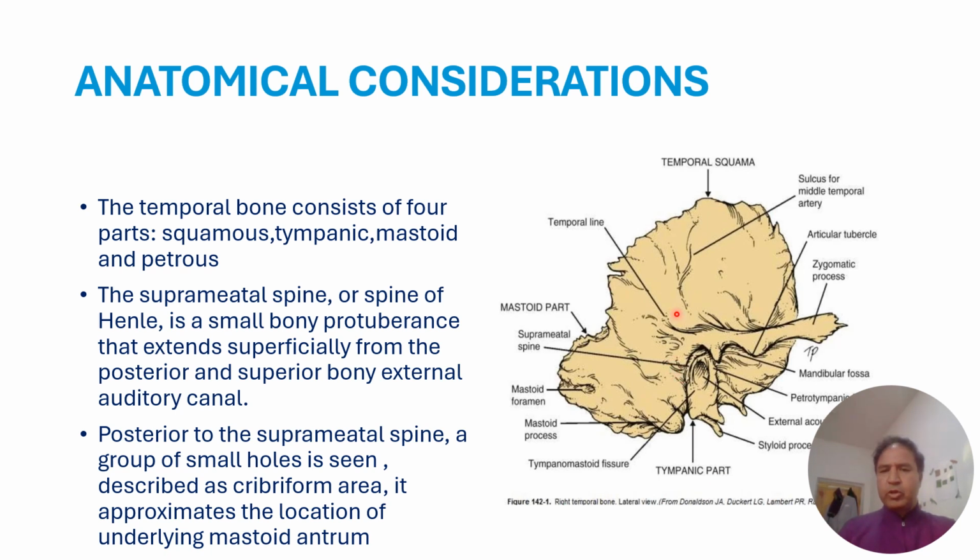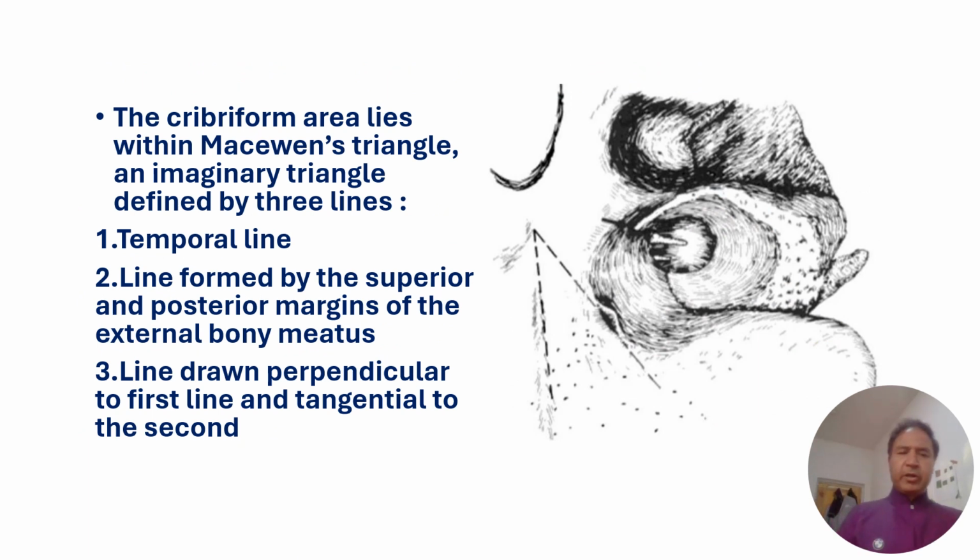This is the cribriform area, and it lies within the MacEwen's triangle, the imaginary triangle defined by three lines. This is one line, the temporal line.